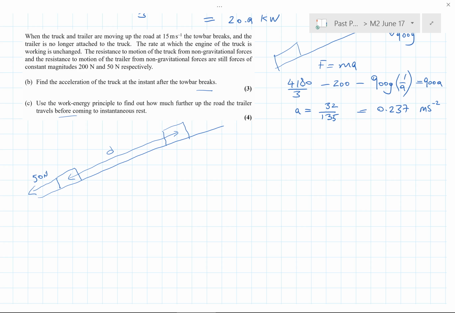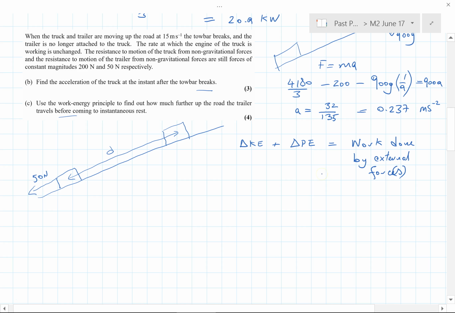So we don't have to look at that. Now, I tend to like to structure these questions into this. Basically, the work energy principle can be summarized as this: work done by external force, or forces sometimes. Occasionally you've got more than one force. Here we've only got one.